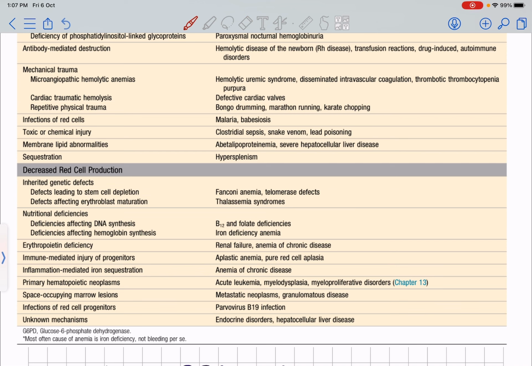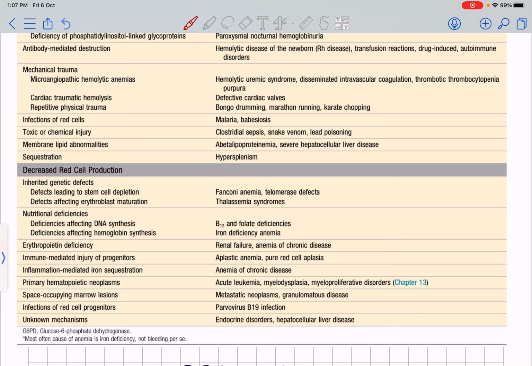Erythropoietin deficiency leading to renal failure, anemia of chronic disease, immune mediated injury of progenitors, aplastic anemia can occur, pure red cell aplasia. Why? Obviously if progenitors are not sufficient, there will be reduced, in some cases no RBCs. So pure red cell aplasia. Inflammation mediated iron sequestration, anemia of chronic diseases.